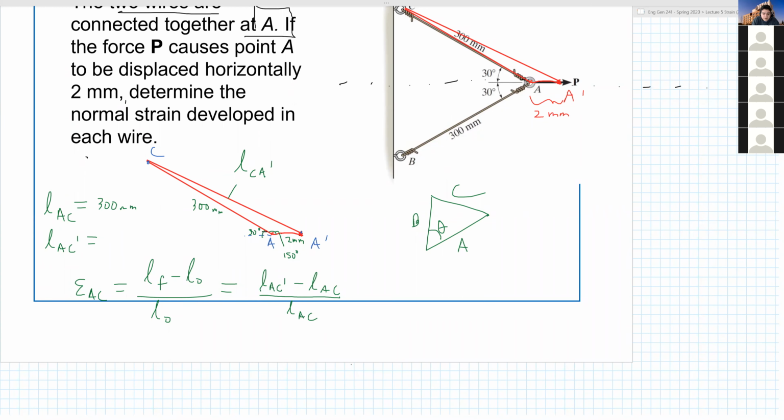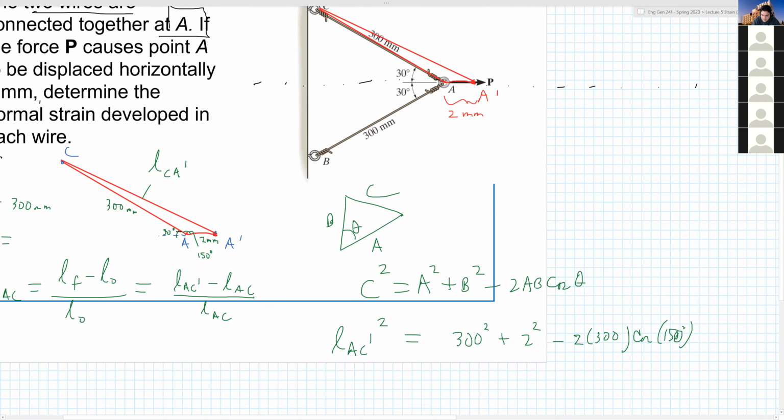So if I wanted to know LAC prime squared, I need 300 squared plus 2 squared minus 2 times 300 times cosine of 150 degrees. Make sure it's in degrees.